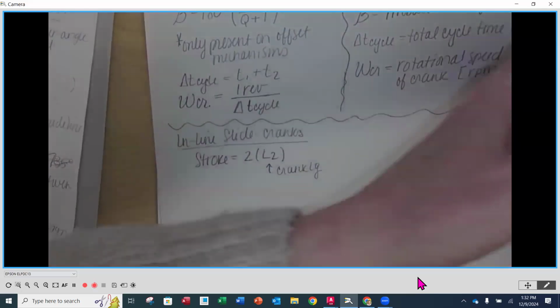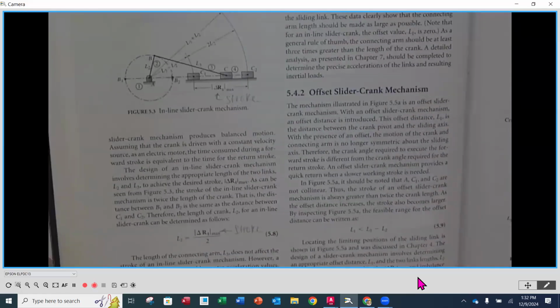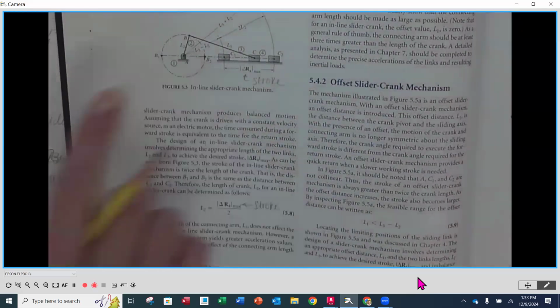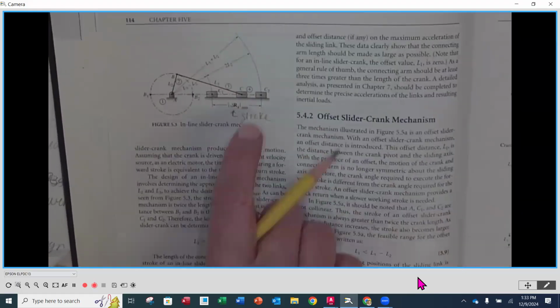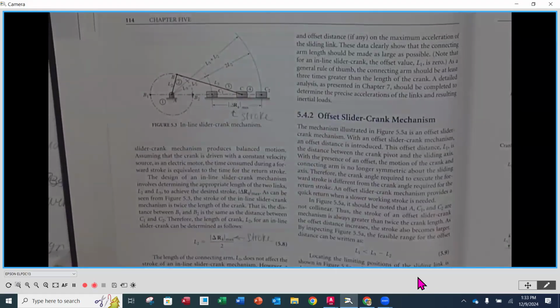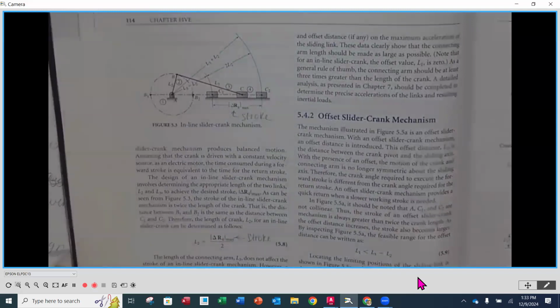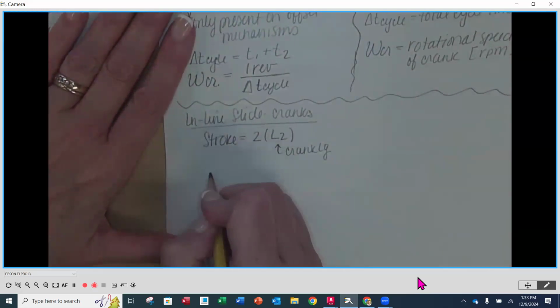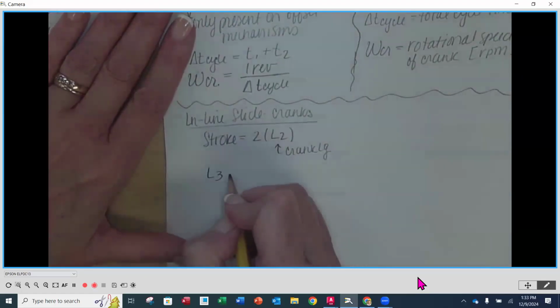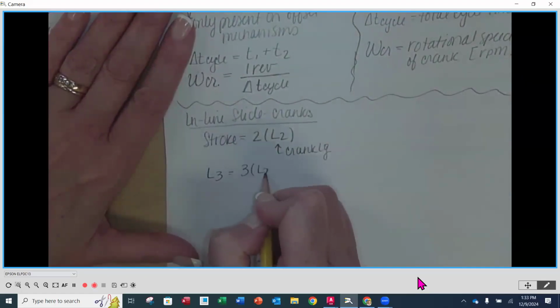So in any example that's an inline slider crank, we know that we can figure out the length of that crank by just taking whatever that output stroke needs to be divided by 2. And we got it. But then we need to determine the length of the connecting rod. So the length of the connecting rod, L3, is going to be 3 times L2.